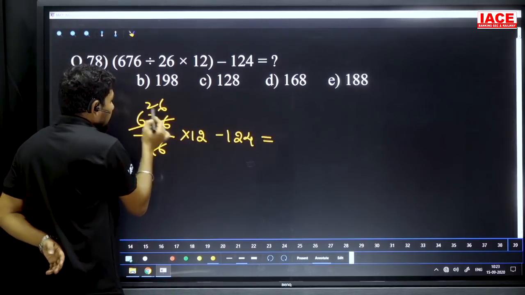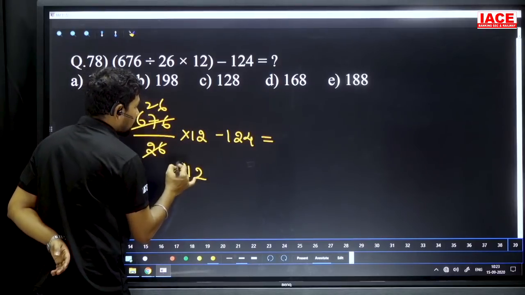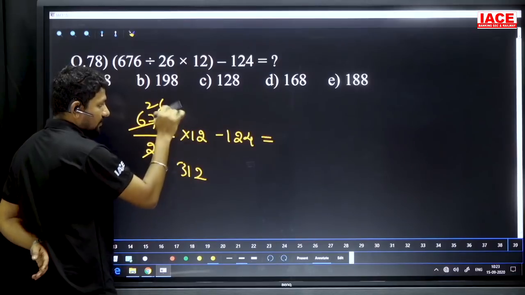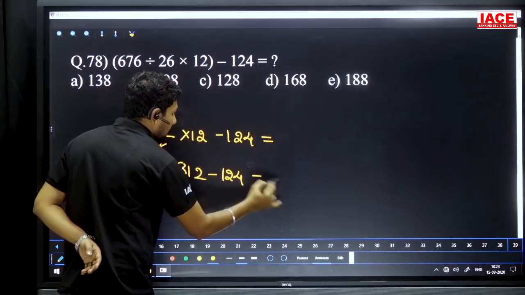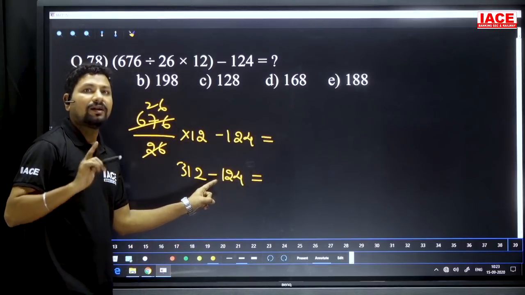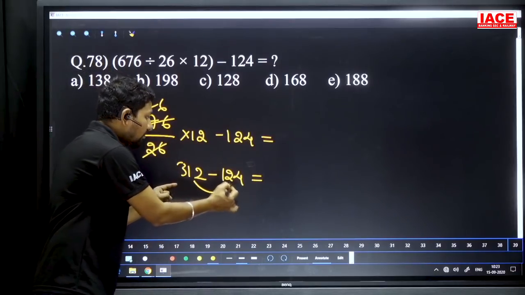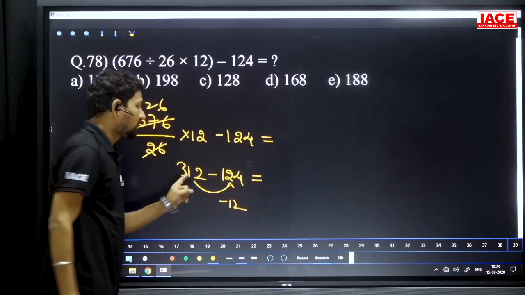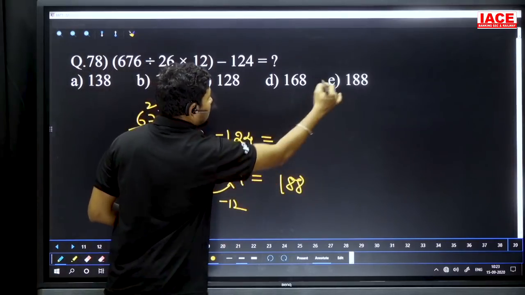First of all multiply. 12 2s are 240, 12 6s are 72 which is equal to 312. Okay, 12 6s are 72, 2 and carry forward is 7, 12 2s are 24, 24 plus 7. It is 31. Remove the values to get the answer. So from 300, 100 will be removed now. We will get 200. Okay, from 200, 12 will be removed. Again you will get minus 12. We will get 188. Then option E.